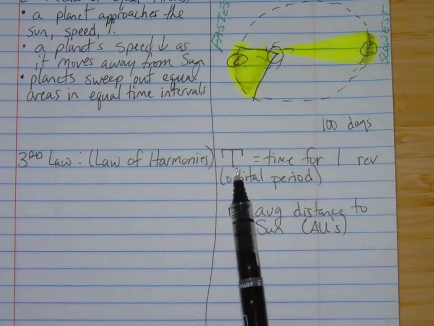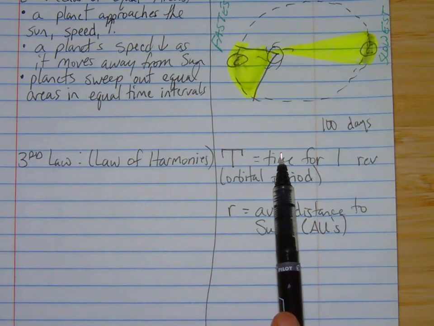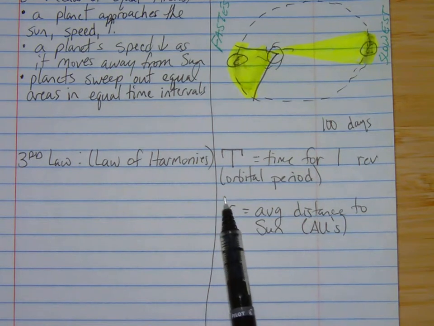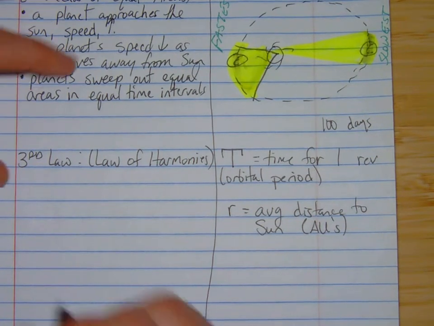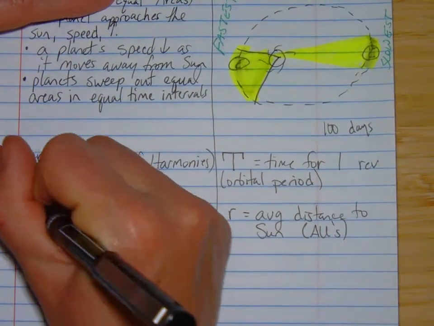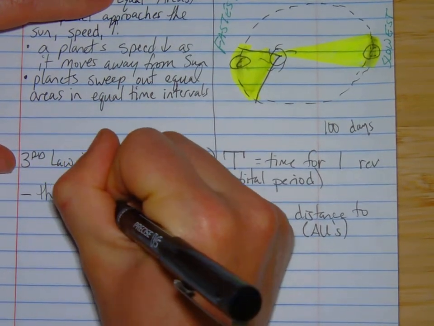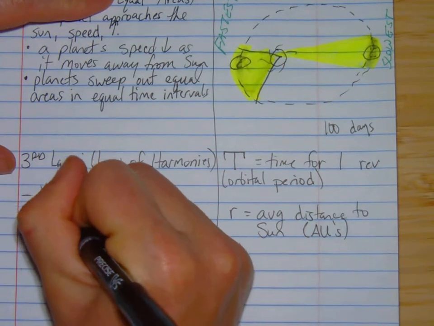All right, so when you see that symbol, that's the period, that's the time around once, and this one is about how far we are from the sun, because we're never the exact same distance because we're elliptical, so it's the average distance. All right, so here's what it says. You can see it. The square of the orbital period.